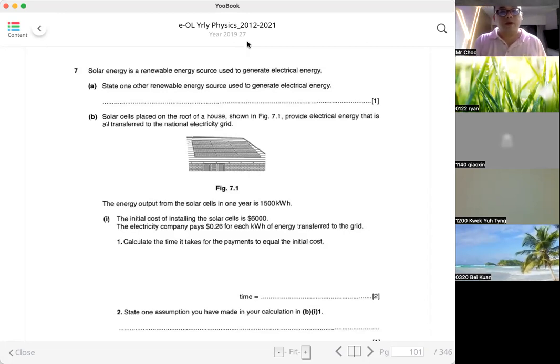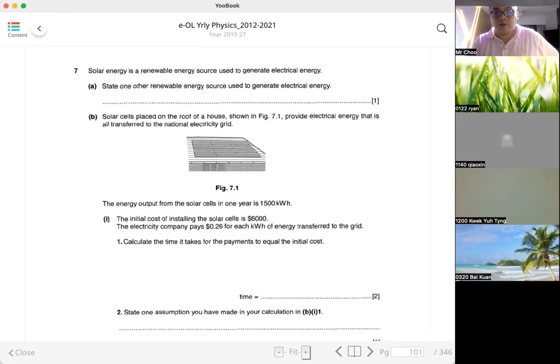Xiaoxing, you're supposed to talk about one other. So Xiaoxing, A is wrong. Yiting, your A is correct. Well done. Okay, Xiaoxing correct now for A. Well done.